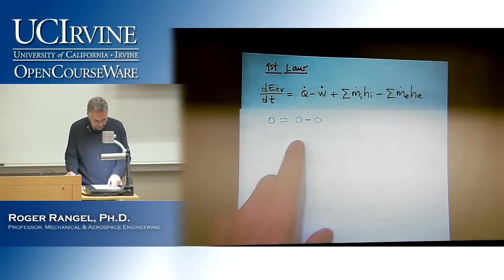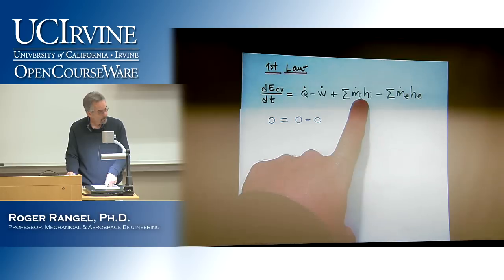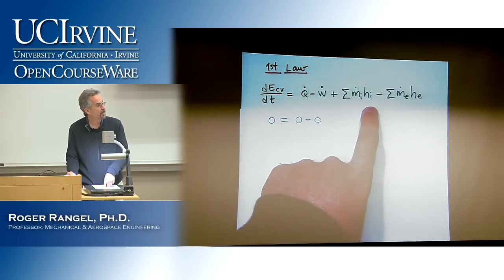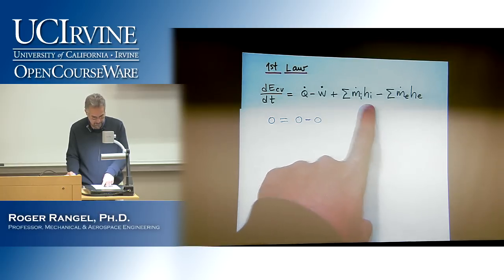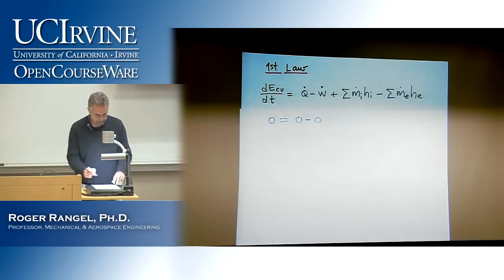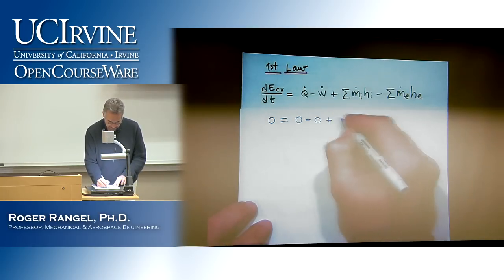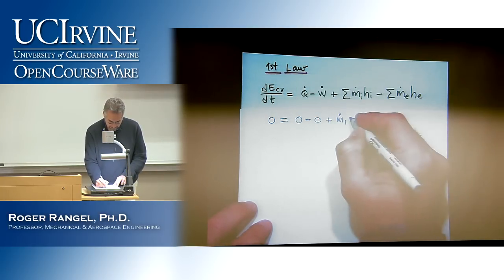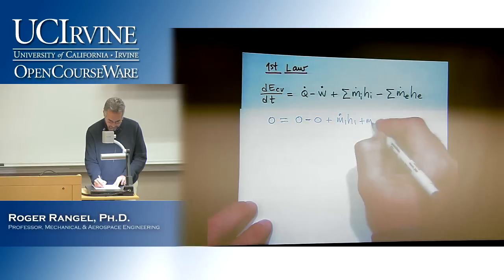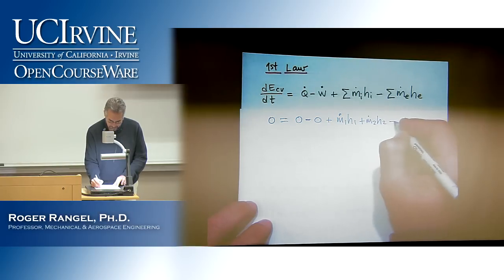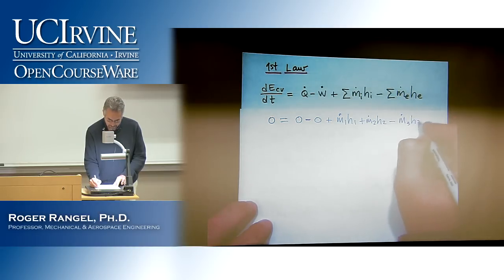And therefore all I have left is the sum of the mass flow rates times the enthalpies at the inlet minus the mass flow rate. So I can just simply write m dot 1 H1 plus m dot 2 H2, those are the inlet, minus for the outlet m dot 3 H3.